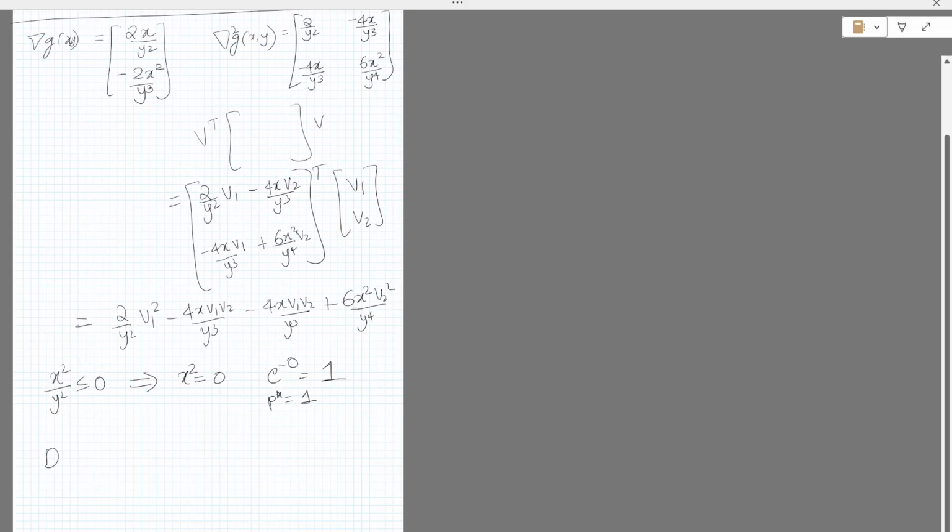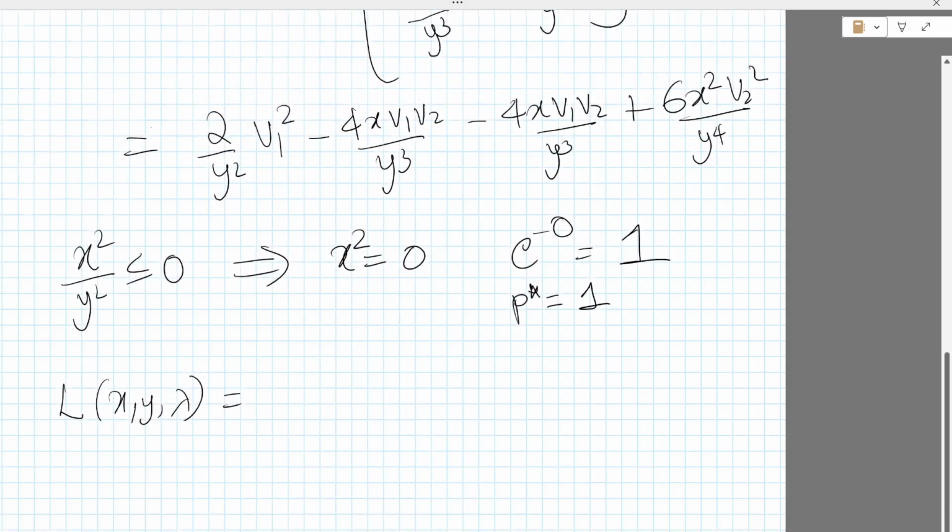So the dual, let's look at the Lagrangian first. It is e to the power minus x plus lambda x squared by y squared.